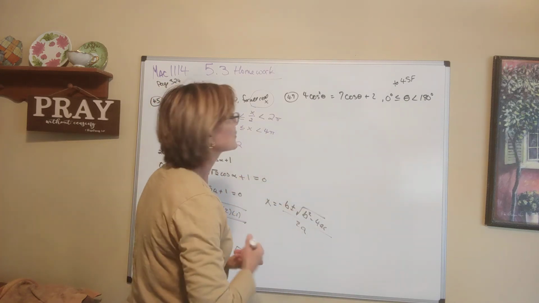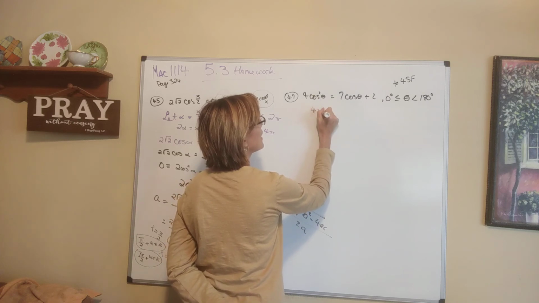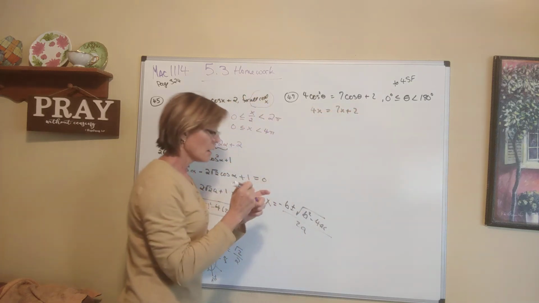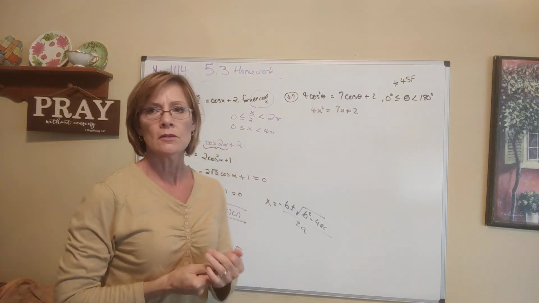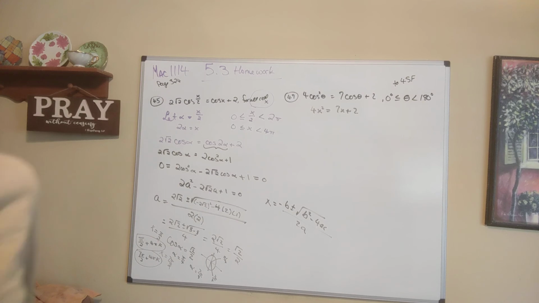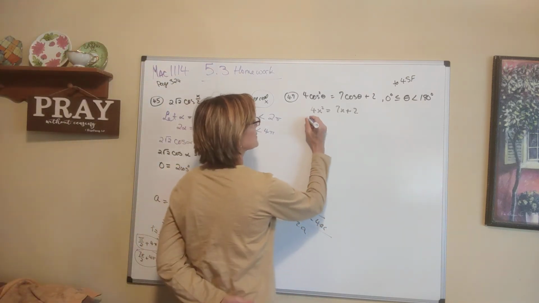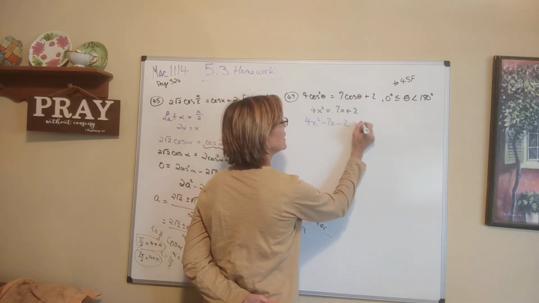If you want to think of cosine theta as just x, you could think of this as 4x squared equals 7x plus 2, and solve this little quadratic equation, realizing that x stands for the cosine of theta. So let's do that. This is 4x squared minus 7x minus 2 equals 0.